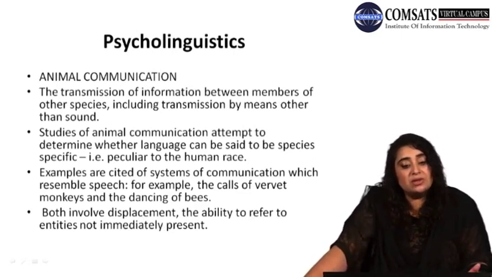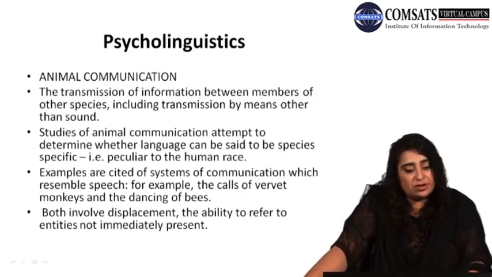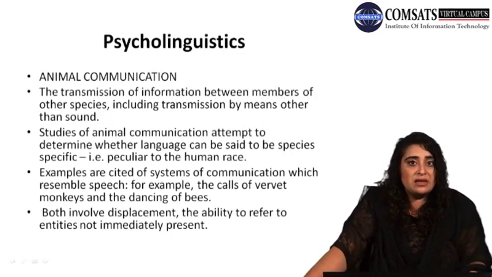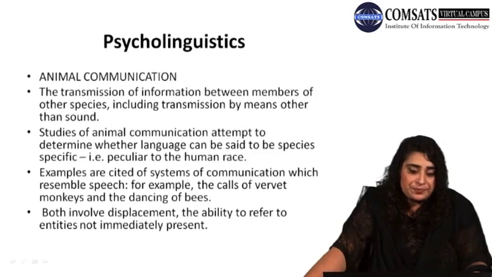So animal communication would be the transmission of information between members of other species, including transmission by means other than sound. They can even transmit warnings, instead of just making sounds. Like we said, a prey to a predator and a predator to a prey also communicate.